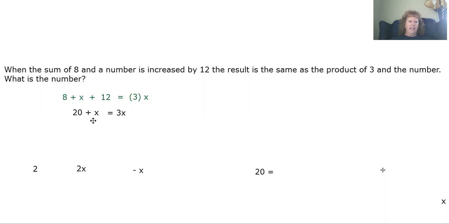Then if we needed to get the x's on one side of the equal sign, we could have subtracted x from both sides, and we'll be left with 2x, and this side will just be 20.